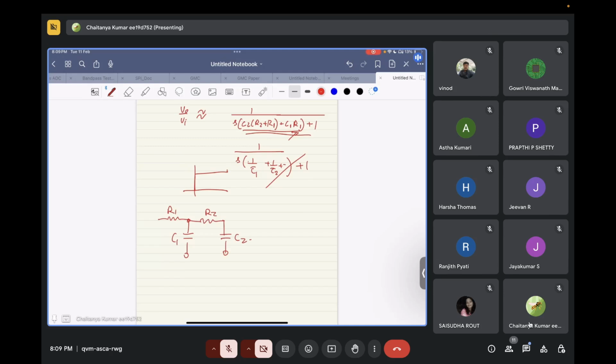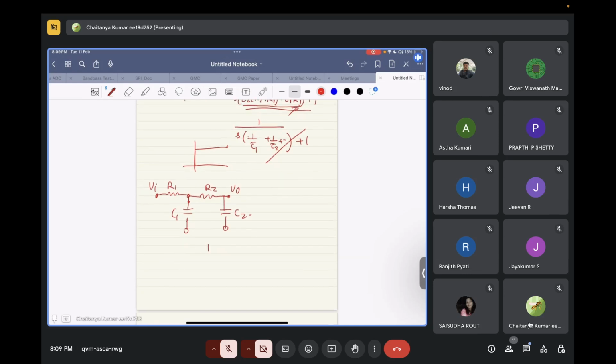This is input, this is output. Across each capacitor, what is the time constant? Time constant is RC. You have to find the equivalent resistance across each capacitor by making the rest of the capacitors zero, and that will give you the time constant to charge that particular capacitor.